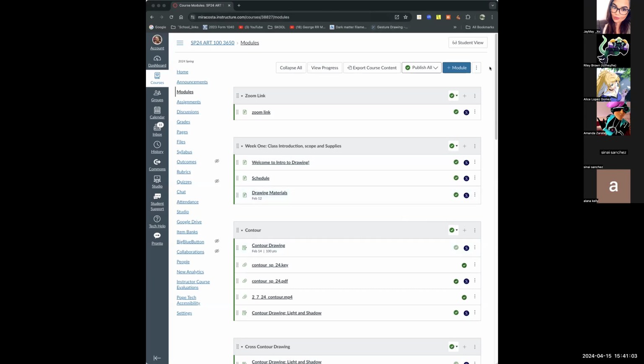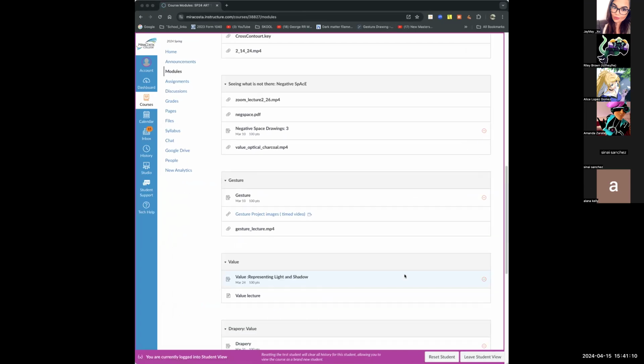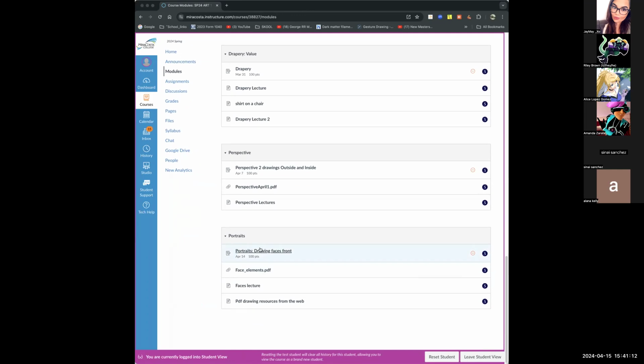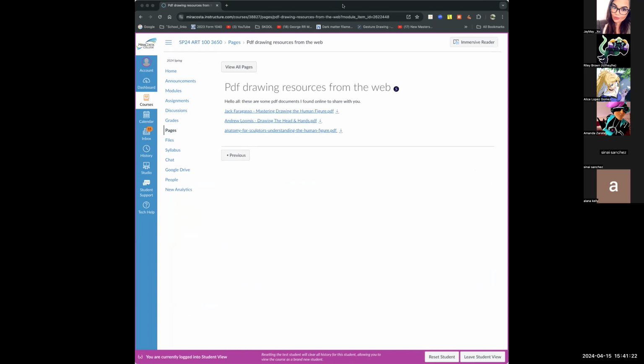I'll put it in student view so it looks like your view. Down below in the portraits, I put some PDF drawing resources, and I want to give you guys a hot tip that I don't know if a lot of people know about.